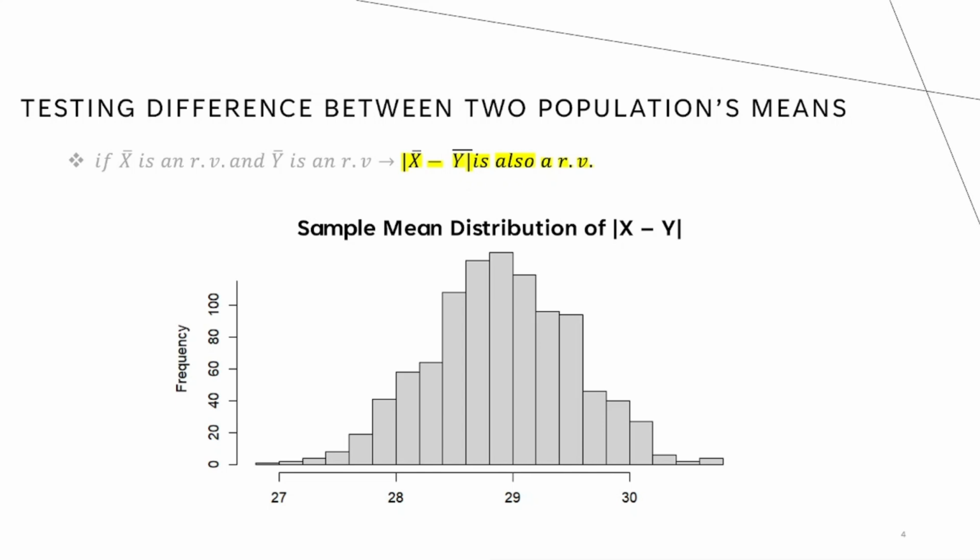So I had a sample size of 30. I found the mean of that. And then I saved that mean, and I did that 1,000 times like I did before, and then got a frequency distribution like this.